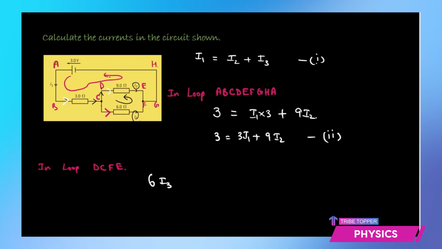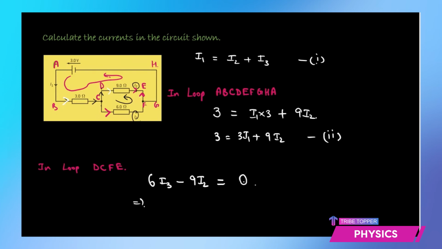And when you go from here and reach here, you are going from right to left, and the current I2 is coming from the front. So the product of I2 with 9 is going to be negative, because the direction of current I2 is opposite to the direction in which you are traversing the circuit. So minus 9I2 is equal to the sum of all the EMFs in the loop. There is no cell in the loop, so that is equal to 0.